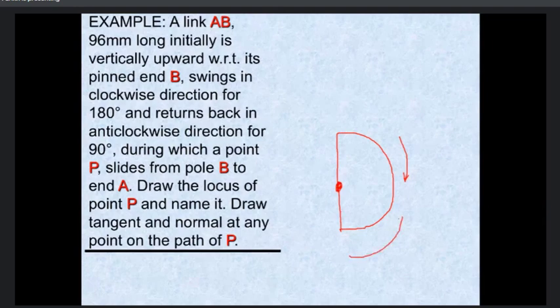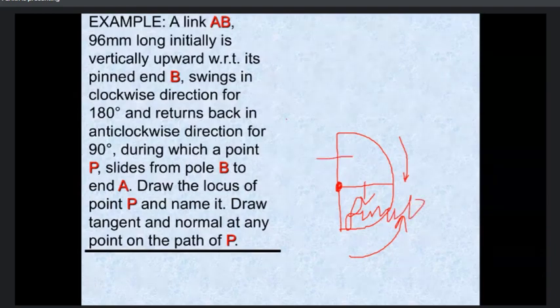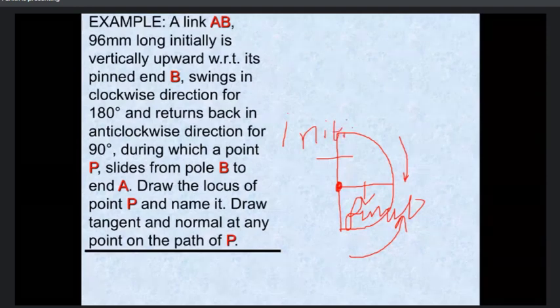You need to go 90 degree in the anti-clockwise. So this link will reach here, and now this is your final position, while this was your initial position.